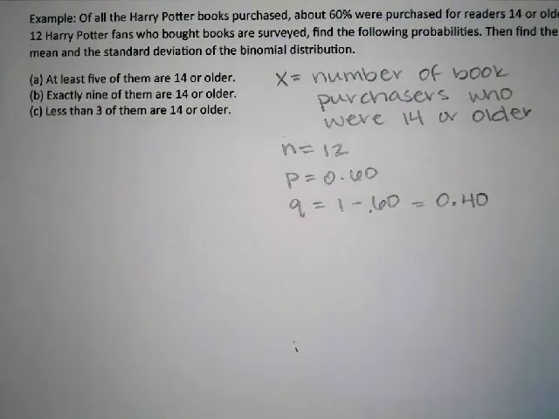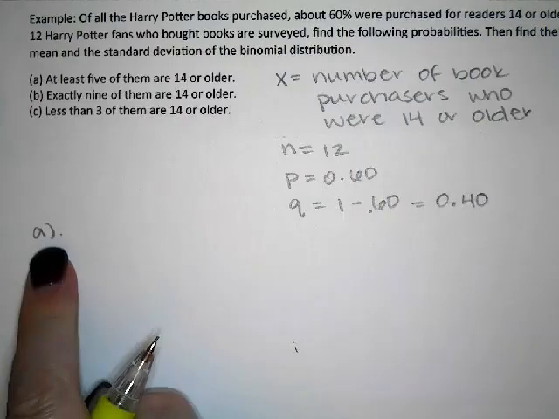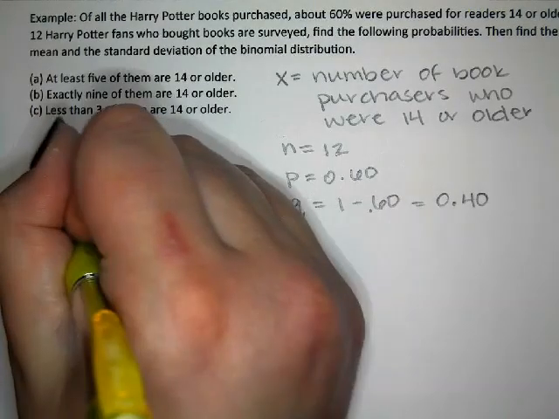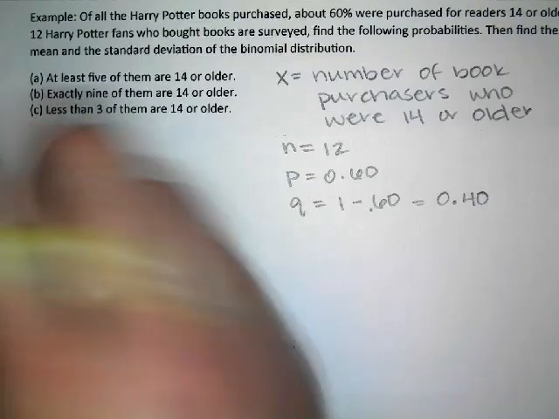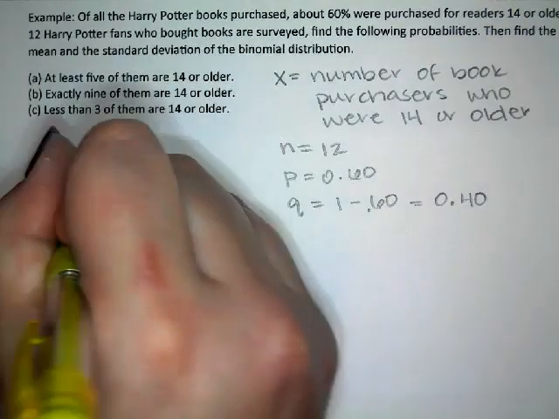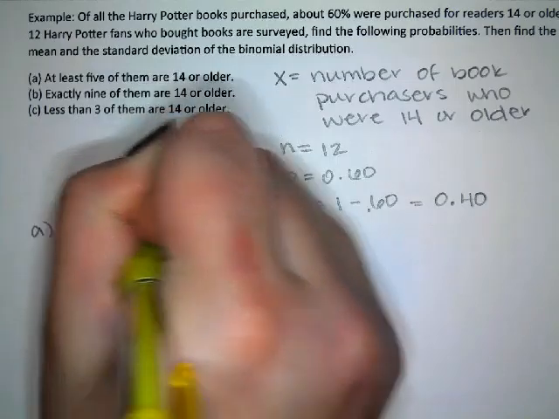Okay, so it says find the probability that at least 5 of them, so we're going to say the probability that X is greater than or equal to 5. The probability that at least 5 of the 12 are 14 or older.